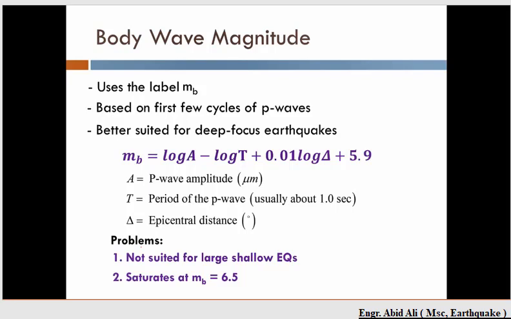There are some problems with the body wave magnitude. First of all, it's not really suited for large shallow earthquakes. Those are the types of earthquakes that are better for our surface wave magnitude. And then it saturates at a magnitude of 6.5, which is not really fun.